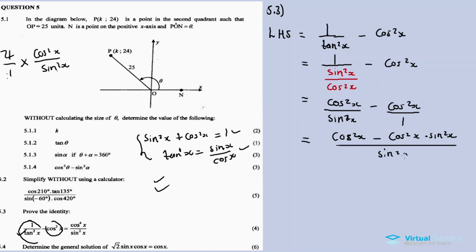So this is equal to, and then in the numerator I also have a common factor. Let's take it out. We remain with 1 minus sine squared x divided by sine squared x.